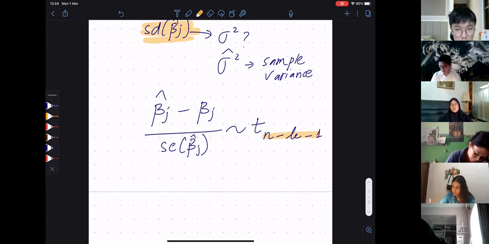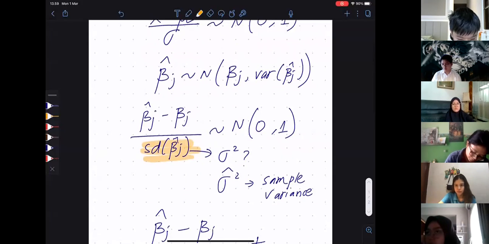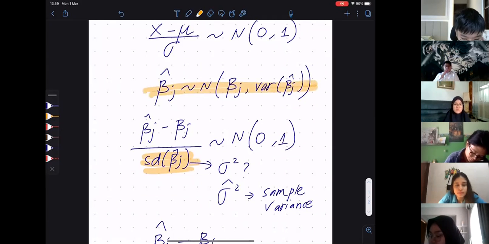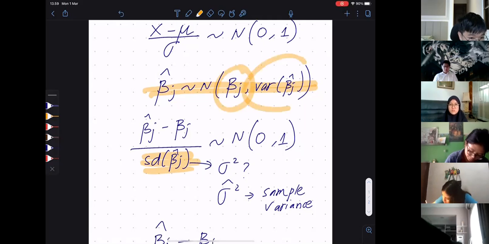So let's go back to recap. Given the 6th assumption, which is the normality of the error term, we can assume that the estimated beta is normally distributed around the true value of beta and some variance.